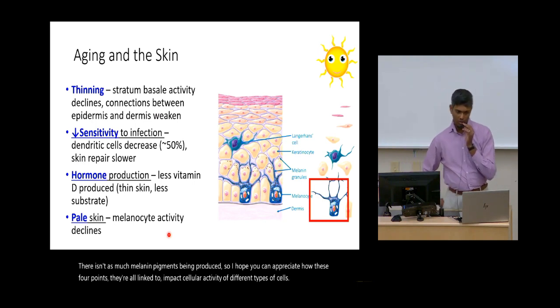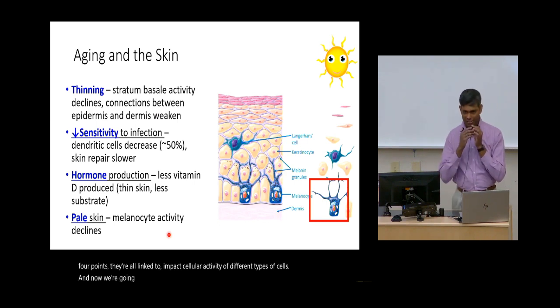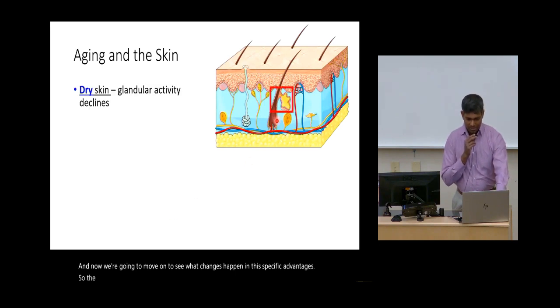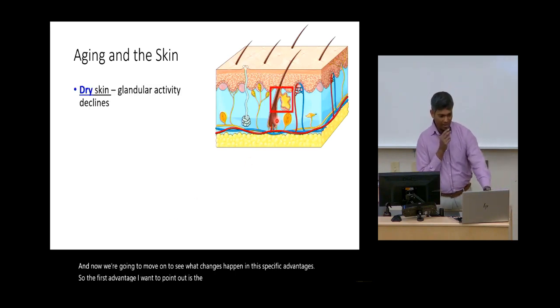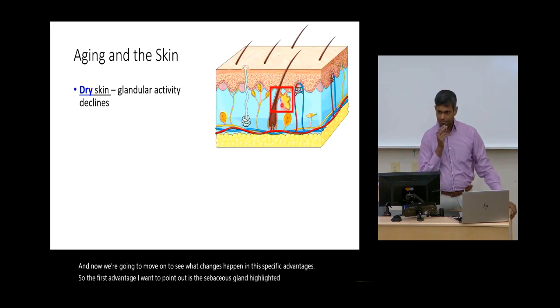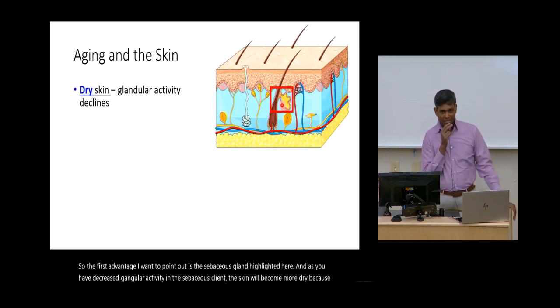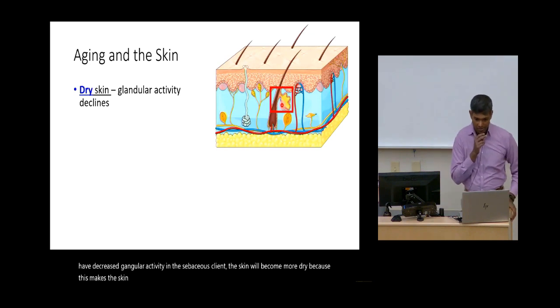And now we're going to move on to see what changes happen in the specific appendages. So the first appendage I want to point out is the sebaceous gland, highlighted here. As you have decreased glandular activity in the sebaceous gland, the skin will become more dry, because this makes the skin lubricated and moist.